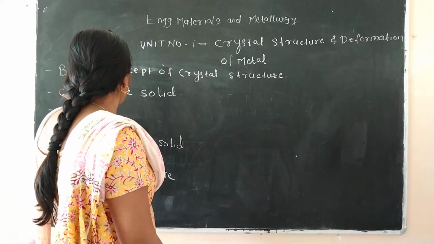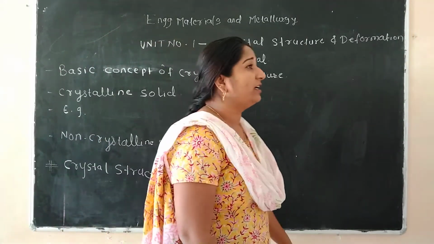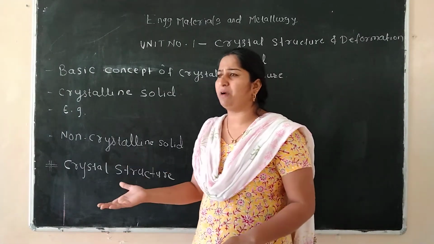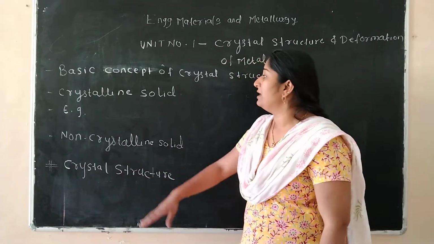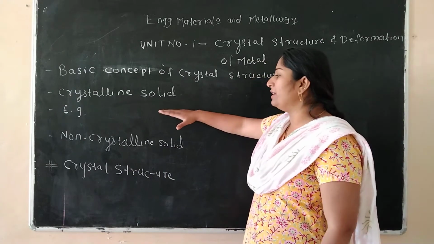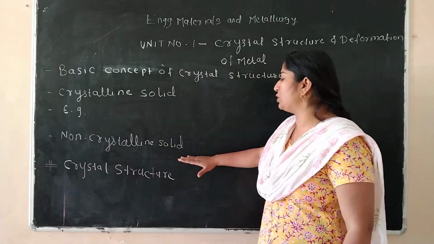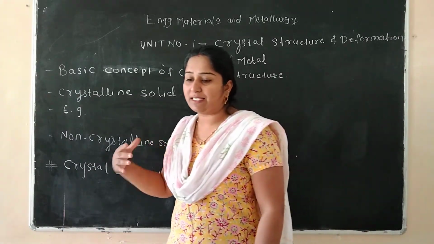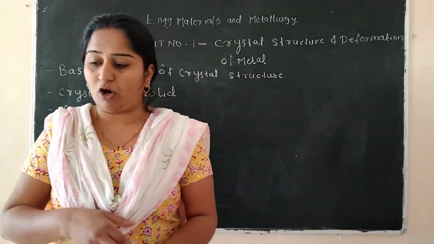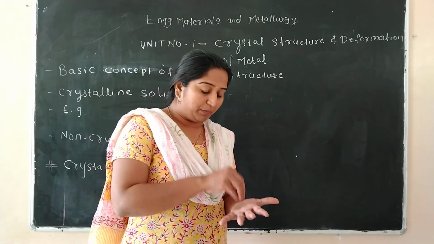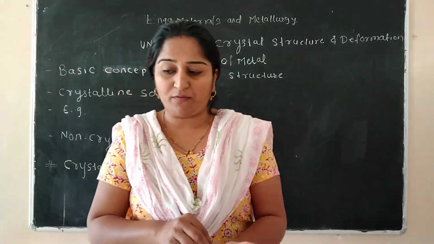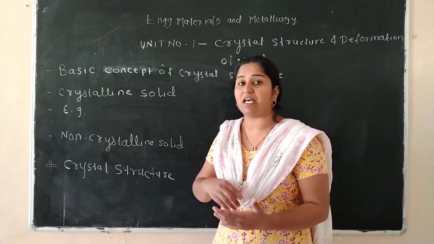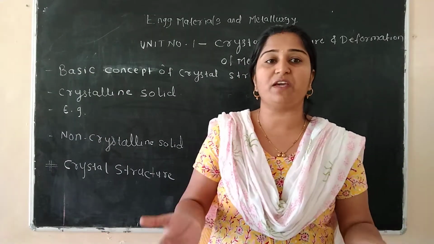Now, there are two types of materials available, metals or non-metals: crystalline solids and non-crystalline solids. In a crystalline solid, the solids are built up of crystals, and those crystals are arranged in a specific manner.